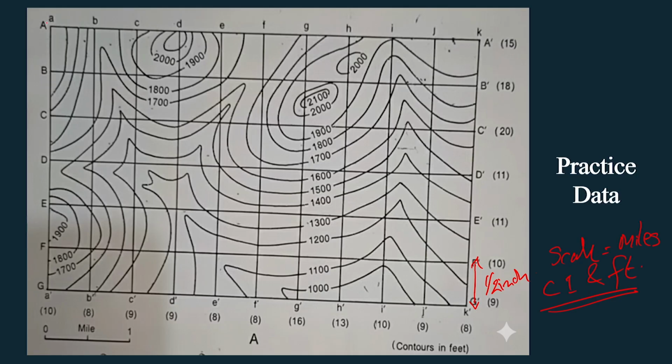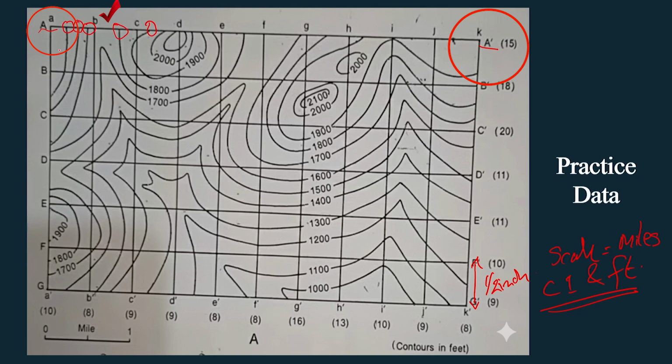When you have a line, say A and A dash here, we count contour crossings as the number of points where the contour cuts through a line.